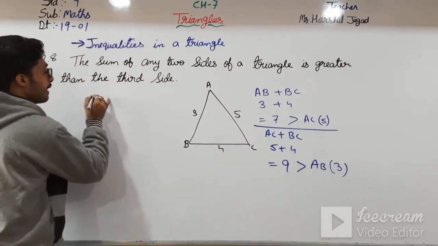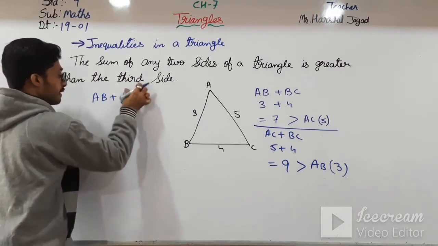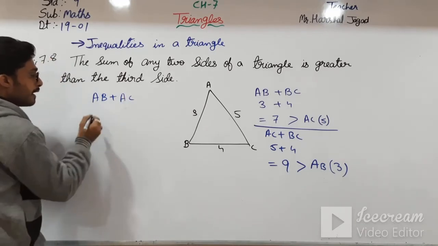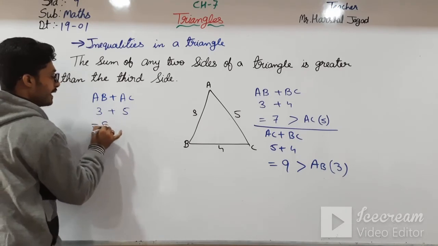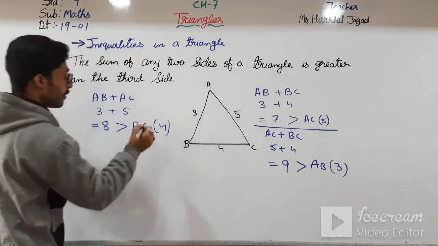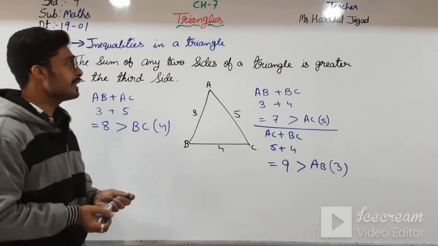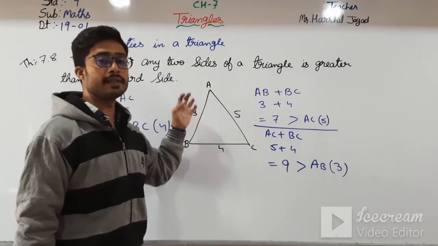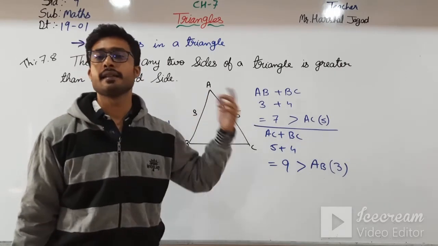And the third one, AB plus AC: AB is 3 and AC is 5, so it will be 8, which is greater than BC, which is 4. You can see that in the triangle, the sum of any two sides is greater than the third side.